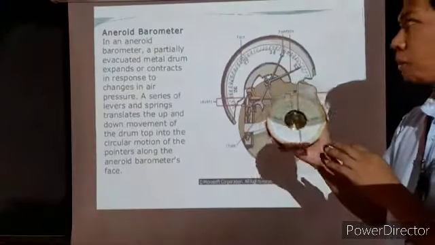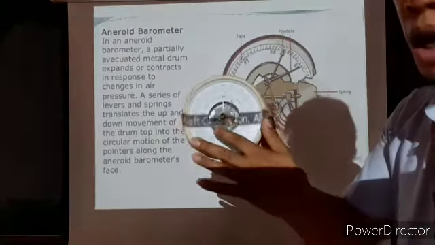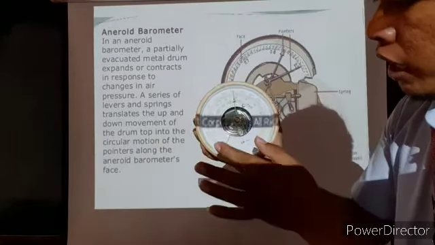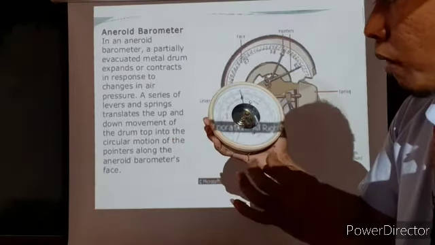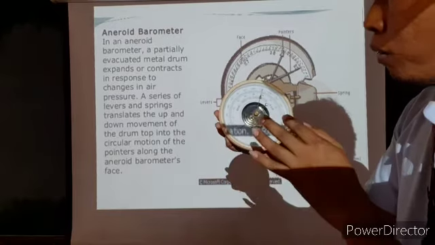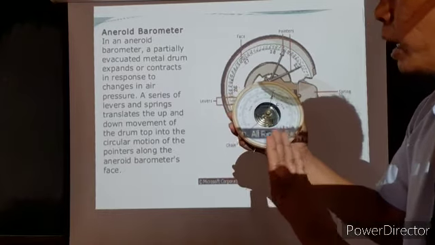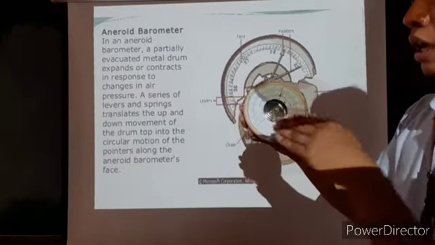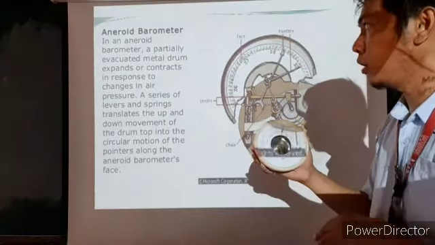So this is an example of an aneroid barometer. So these are the pointers. And then we have the scale to identify what is the level of air pressure at this level or sea level.